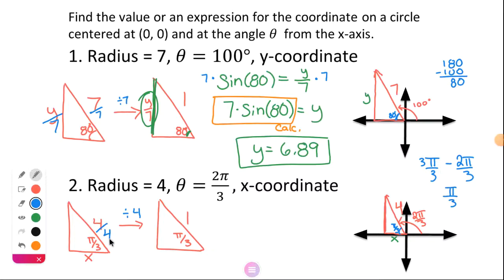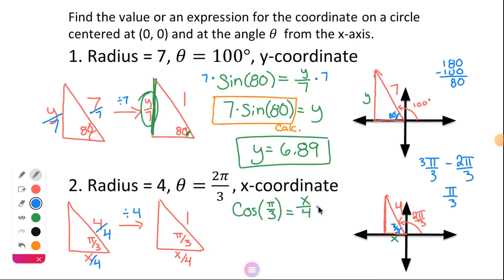So 4 divided by 4 is 1, and x divided by 4 is going to be our new value down here, x over 4. Like I said before, we're going to use cosine. So we have the cosine of our angle, pi thirds, equal to that x value that we found, x over 4.